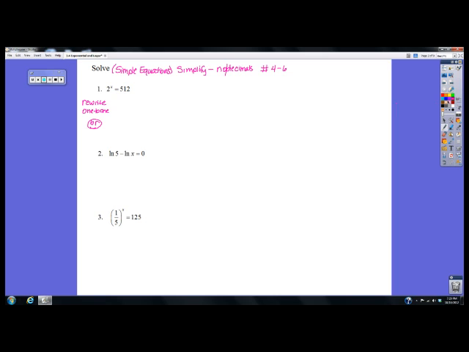So I could say 2 to the x power equals, I could figure out if 512 would be 2 to some power, and that would just be kind of playing around with some exponents and try to figure out, is there an exponent of 2 that equals 512? And if you play around with some exponents, you would discover that 2 to the 9th power is 512, and therefore you can see that the exponents would need to be the same, so x equals 9. But that would be just kind of playing around with some exponents to try to figure out if 2 has an exponent that equals 512.